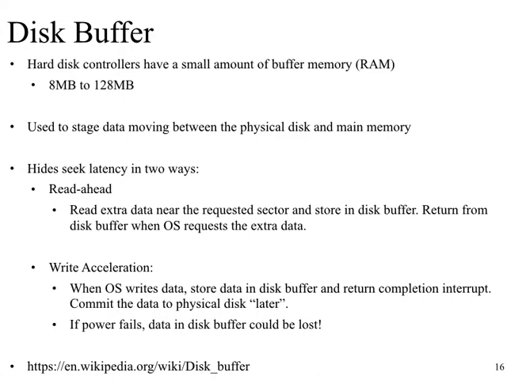One is as a read ahead data store. Whenever the operating system requests, say, block X from the disk, the disk head may also read block X plus 1, 2, 3, and so on. Maybe it would read ahead these blocks, even though the operating system hasn't yet asked for them.